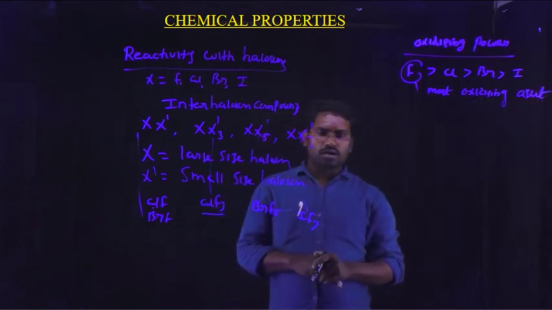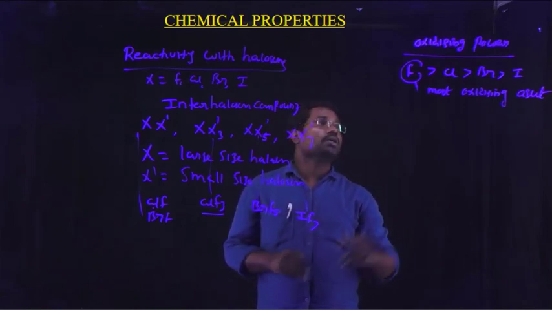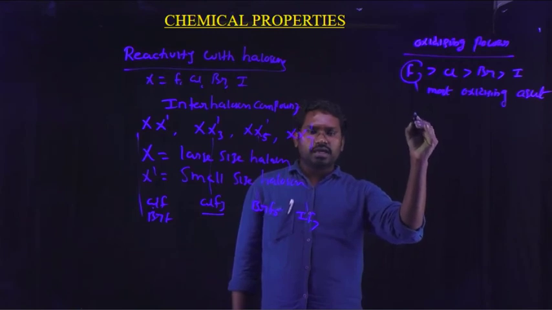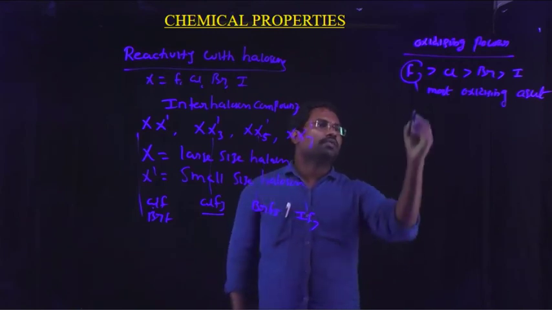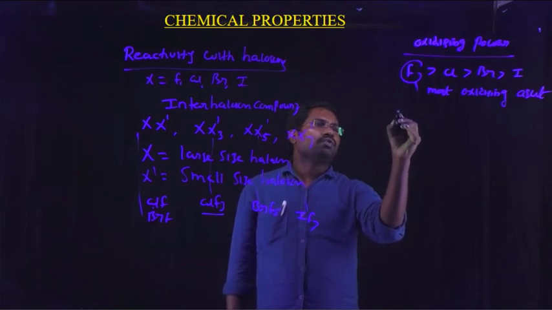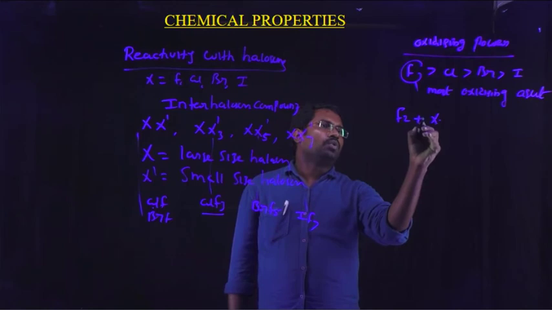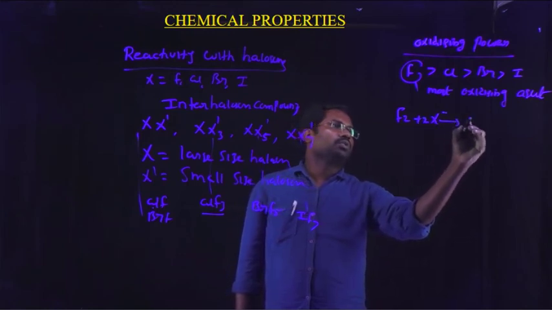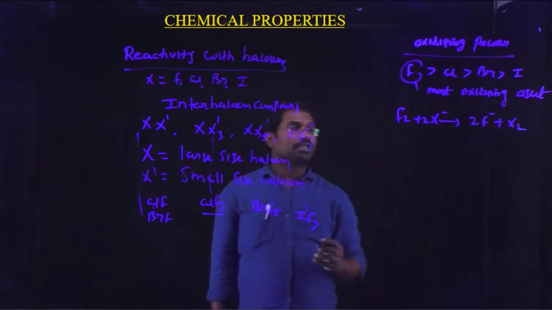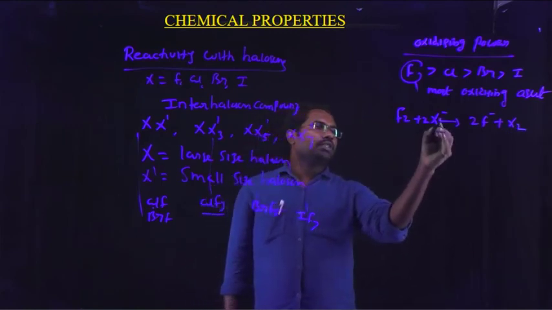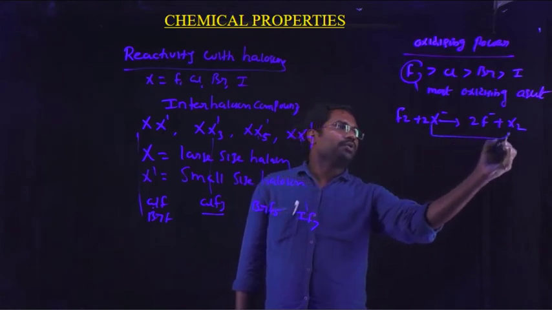Okay, how can we estimate the oxidizing power of the halogens? These halogens can replace the other halide ions into halogens. For example, we take fluorine F2, this reacts with a halide ion 2X minus, it gives rise to 2F minus plus X2. So here fluorine reacts with a halide ion, and this halide ion is converted into free halogen.